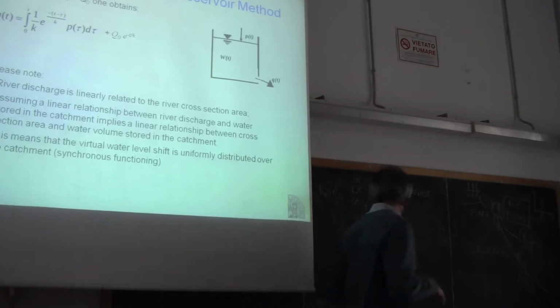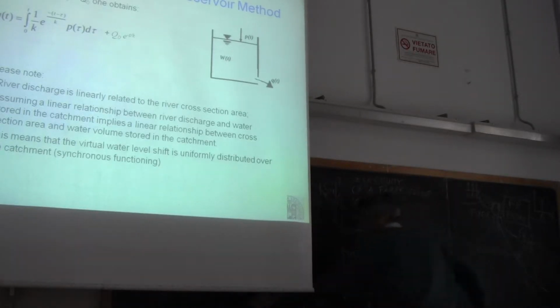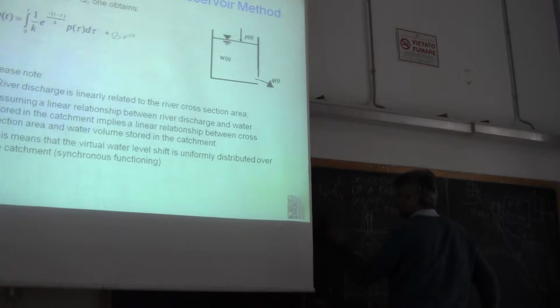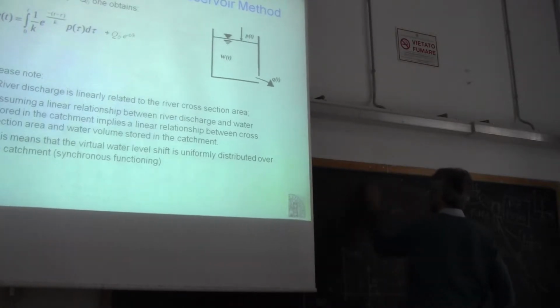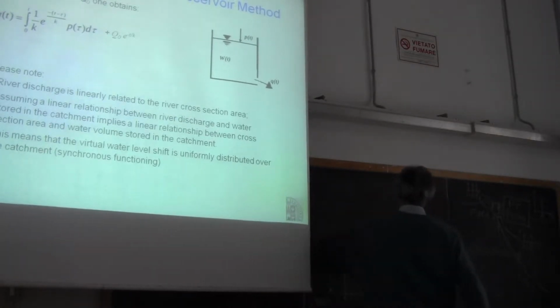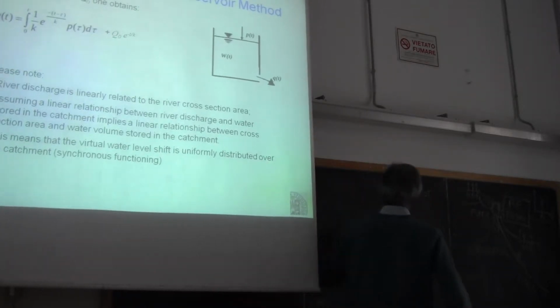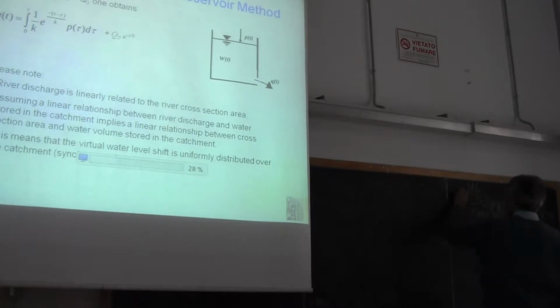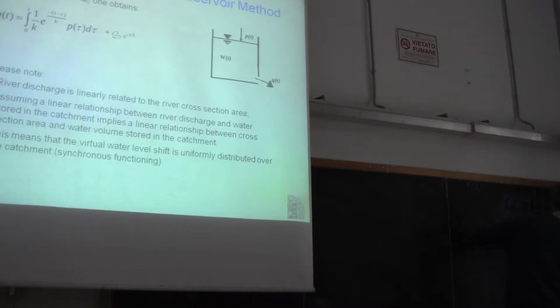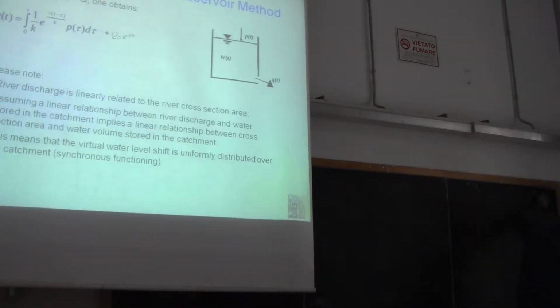And the difference between the two quantities is basically that in order to get the volume of rainfall over the catchment at a given time t, you have to multiply the rainfall depth by the area of the catchment.